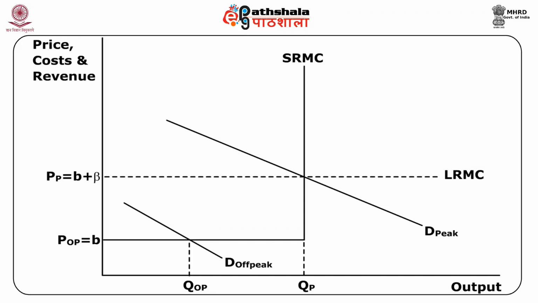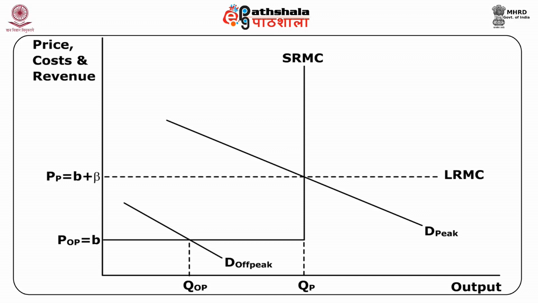The assumption of independent demands implies that price in one period has no effect on the quantity demanded in the other period. The SRMC curve is the marginal or operating costs of the firm, assumed to be constant till peak capacity output level QP is reached.